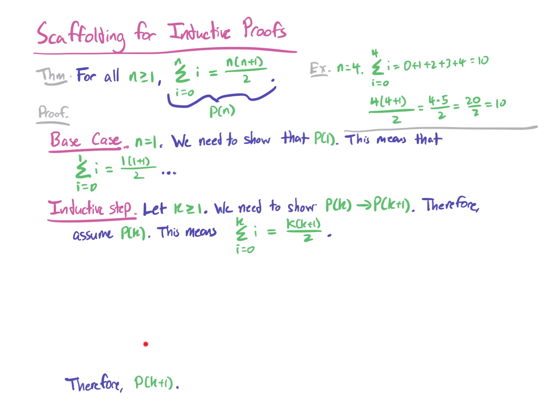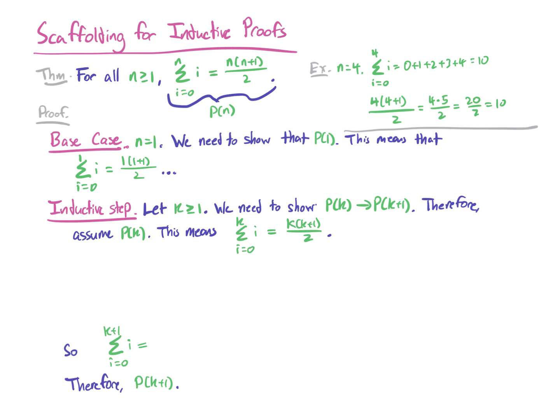So my last line has to be this, and I can already tell what the line before that is as well, because what's the meaning of P of k plus 1? It's the same statement I keep coming back to, but now I plug in k plus 1 every time I see n. So what I want to have proven in the middle of this proof is that the sum from i equals 0 to k plus 1 of i is equal to, and now I need to be a little bit careful.